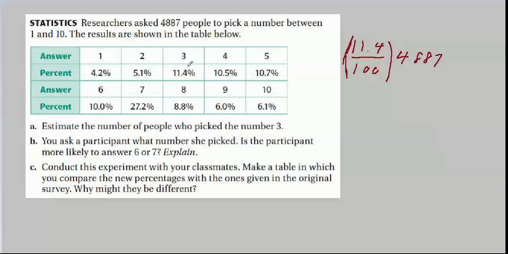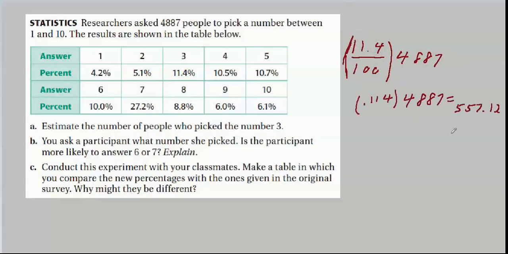This gives us the fraction of people, which is 11.4 over 100, the ratio of people who chose 3 to people who were questioned. So if you actually perform the calculation, you should get 557.12.